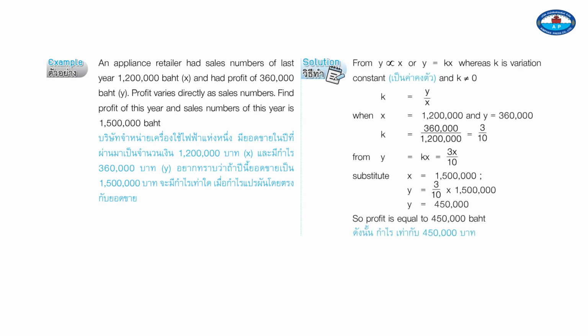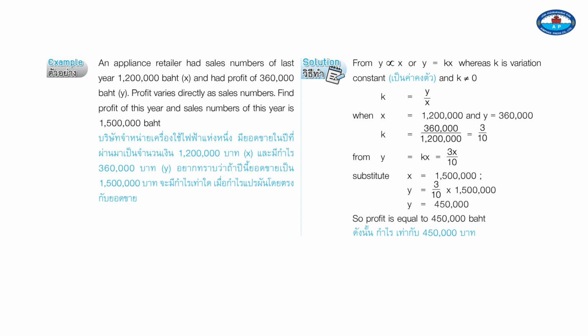Solution. From y varies x, or y equals kx, where k is the variation constant and k does not equal 0. k equals y over x, when x equals 1,200,000 and y equals 360,000. k equals 360,000 over 1,200,000 equals 3 over 10.